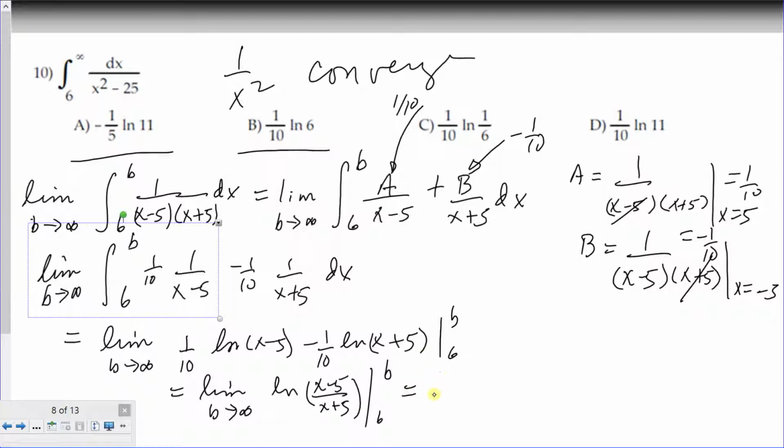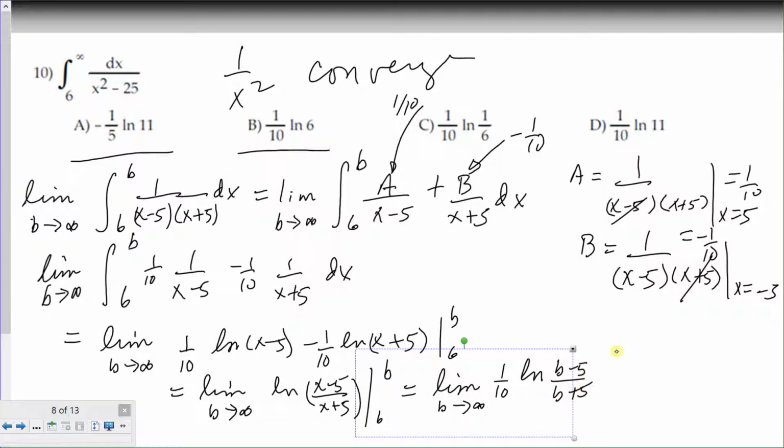And so this finally equals the limit as b approaches infinity of 1/10 ln of b minus 5 over b plus 5 minus 1/10 ln, plugging in your 6, ln of 1/11.